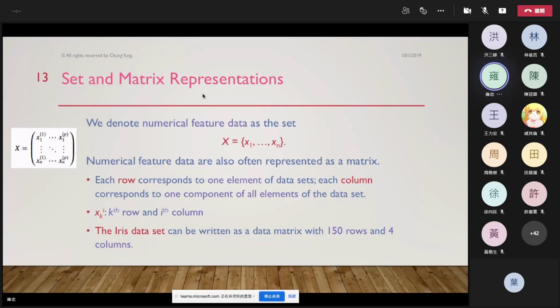The data for X are x1 to xn, small x1 to small xn. And if we collect a larger set of X, then we extend the idea to a two-dimensional array, as shown in the small figure on the left. So numerical feature data are also often represented as a matrix, the general form is shown on the left.